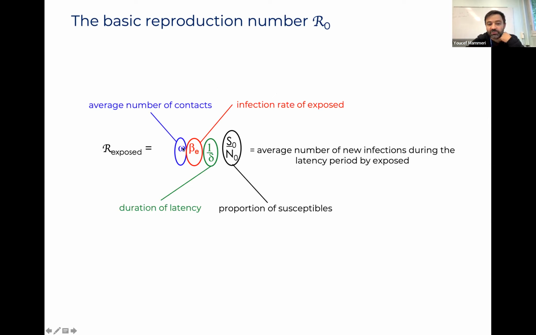You have the average number of contacts, the infection rate due to the exposed individual, the latency period, not the infection period, and the proportion of susceptible. So at the end, you get the average number of new infections during the latency period by the exposed individual, plus the one due to asymptomatic, plus the one due to symptomatic.